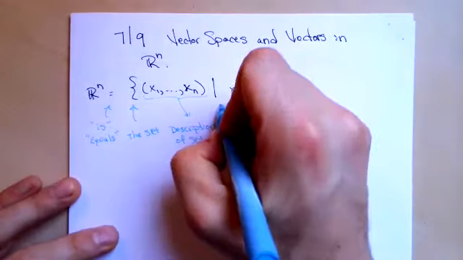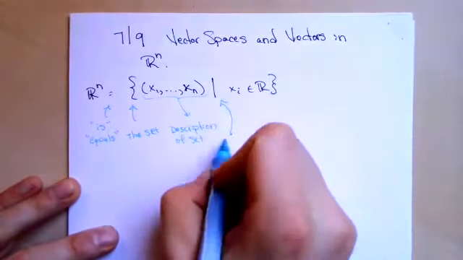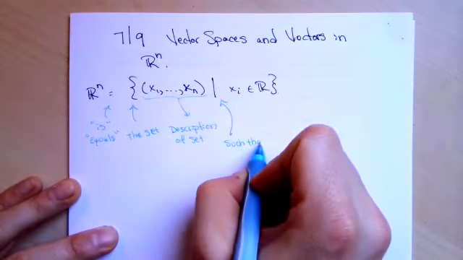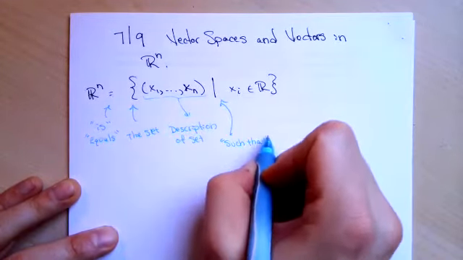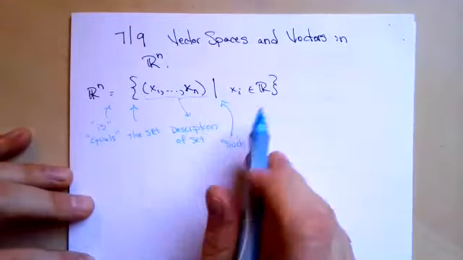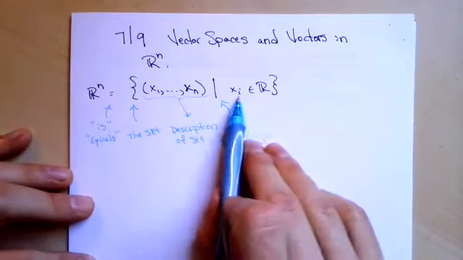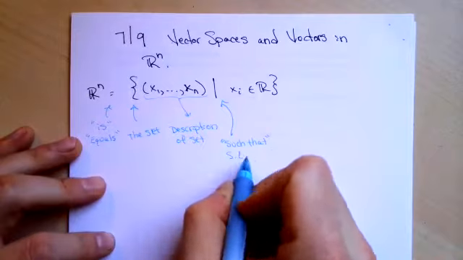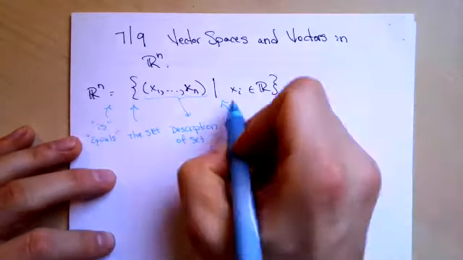This vertical line means "such that." You'll see this phrase "such that" quite a bit in math. It's a transitional phrase. After we introduce a topic or a definition, we want to describe this object in a better way. So it's an object such that certain properties hold. We often abbreviate "such that" as s.t.